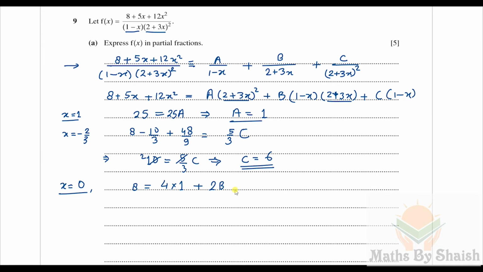It means this is 4, and sorry, it is 6, 4 plus 6 10, and it is 8, so minus 2, and hence b becomes minus 1.